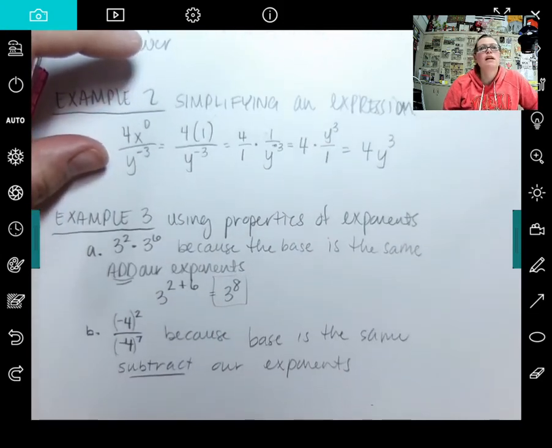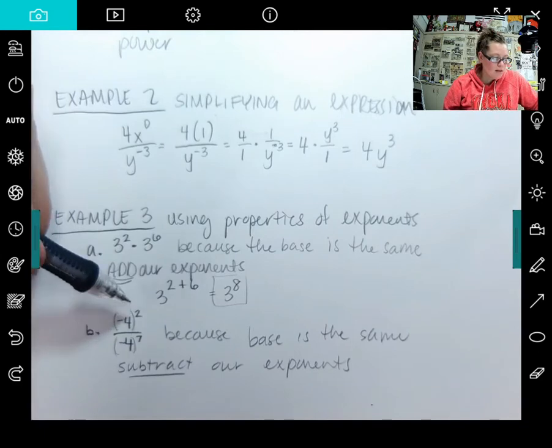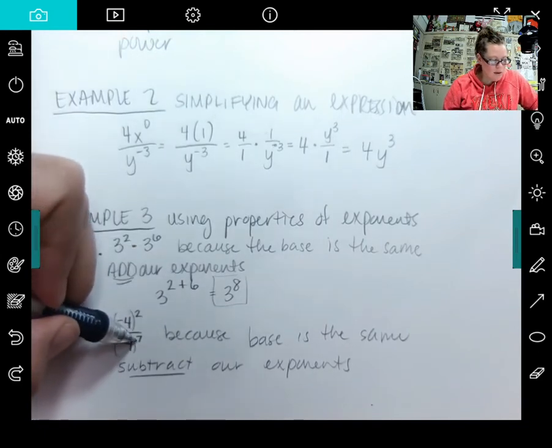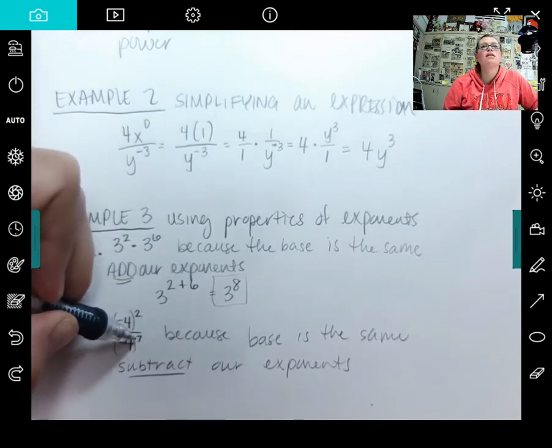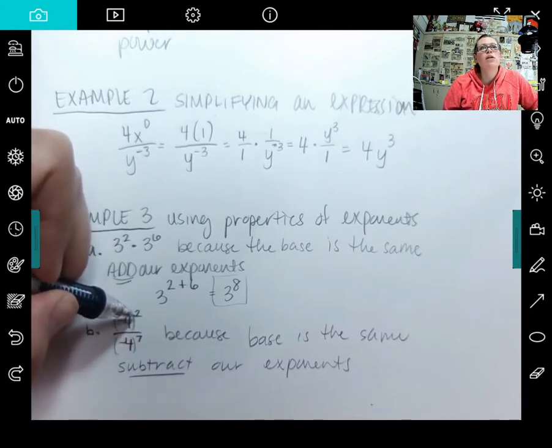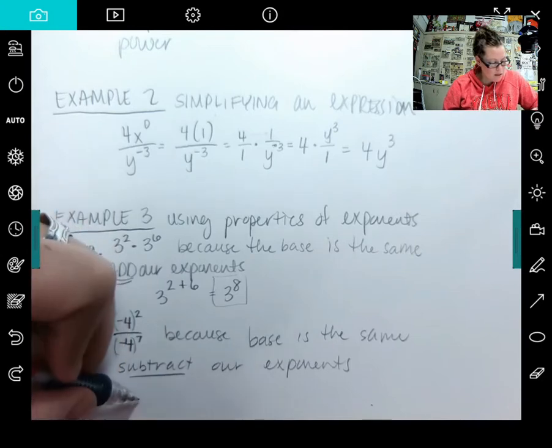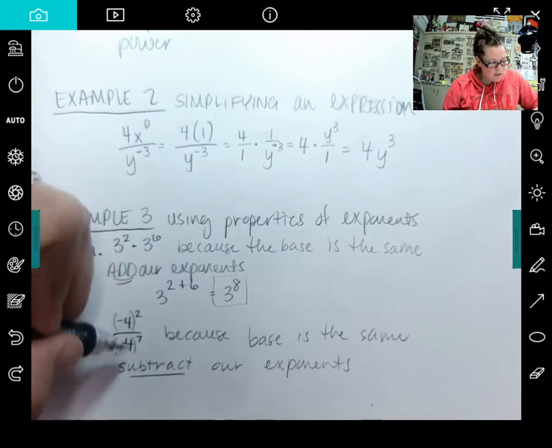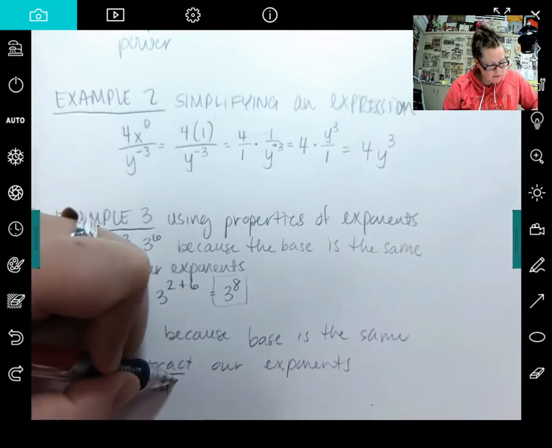I like to say you take wherever the number is larger, and subtract the smaller exponent from it.